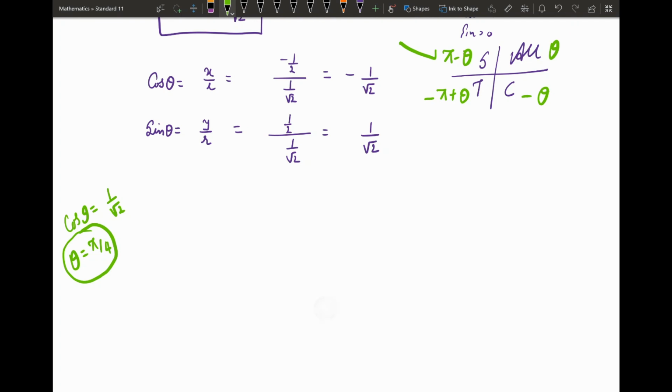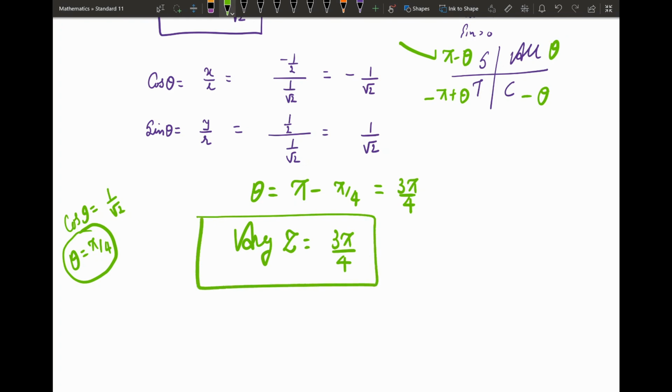So the principal value of theta will be pi minus pi by 4, which is 3 pi by 4. So the argument of z is equal to 3 pi by 4. This is the argument.